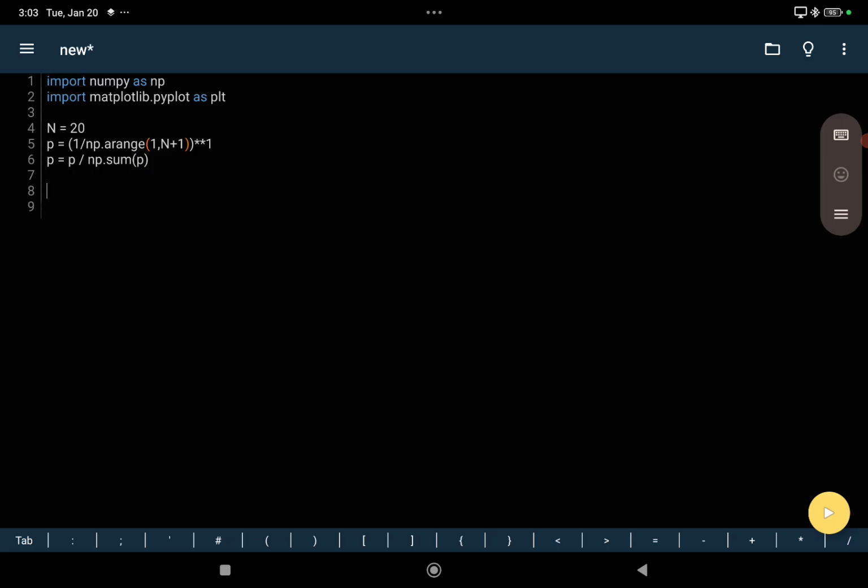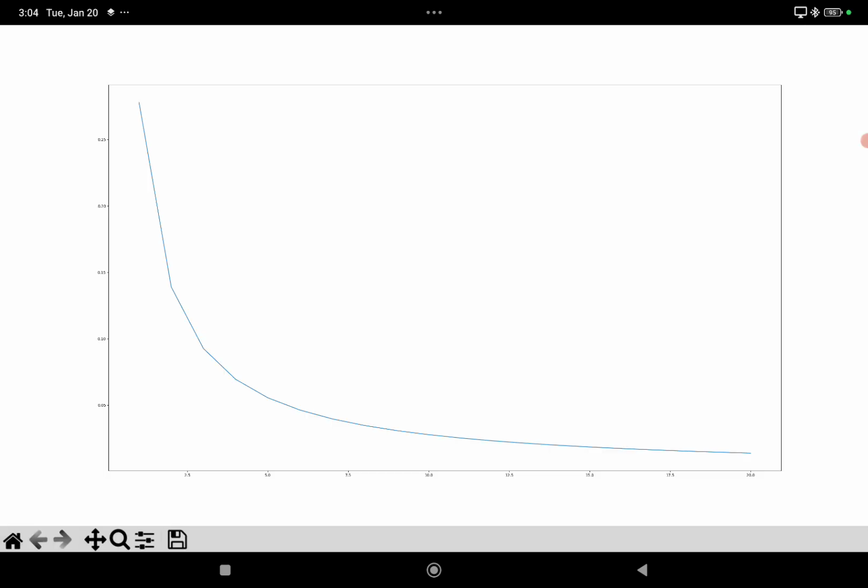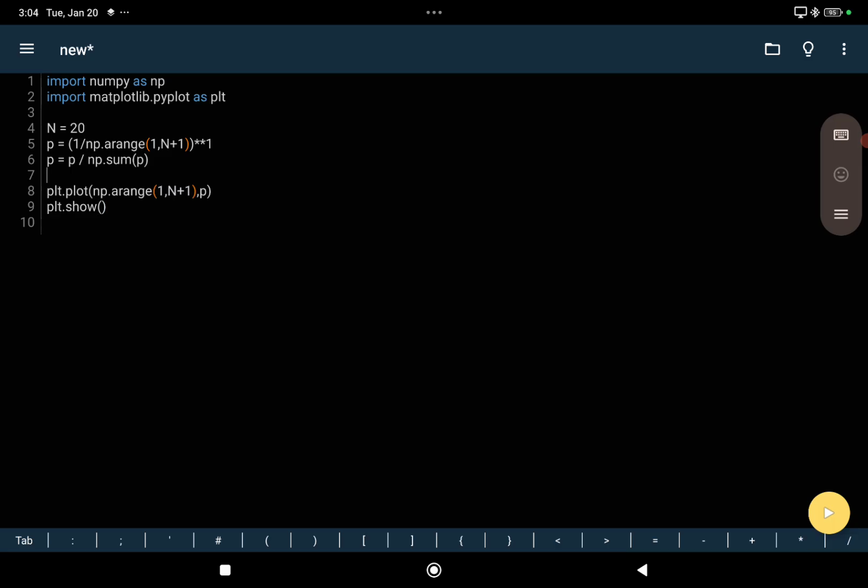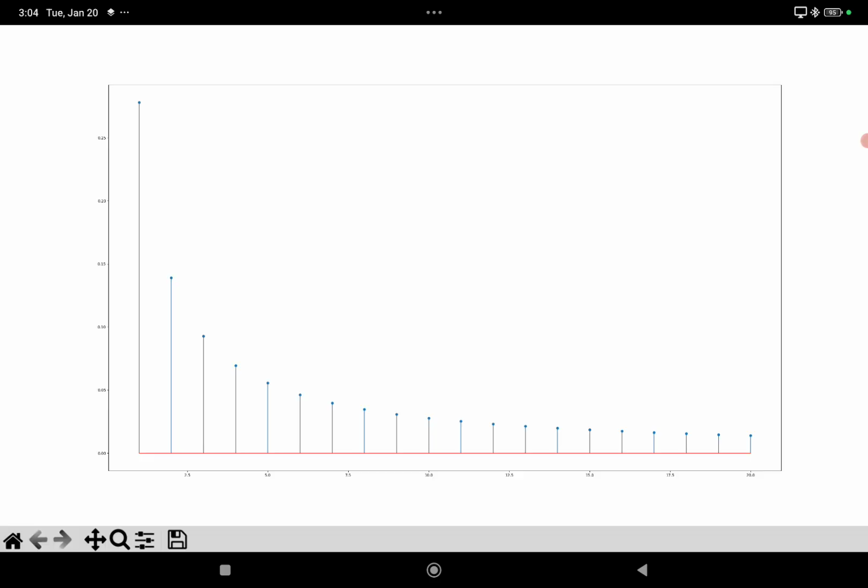So let me normalize this and let me just plot. Since it's a discrete distribution, I'll use plt.stem to see what the probabilities look like. It's decaying as 1 over n.